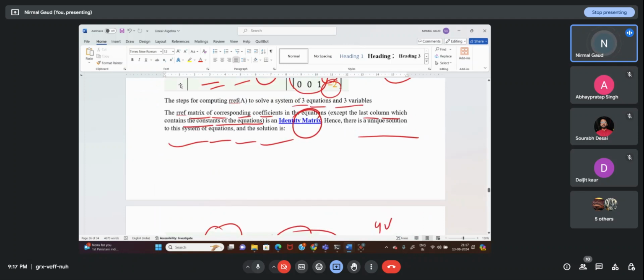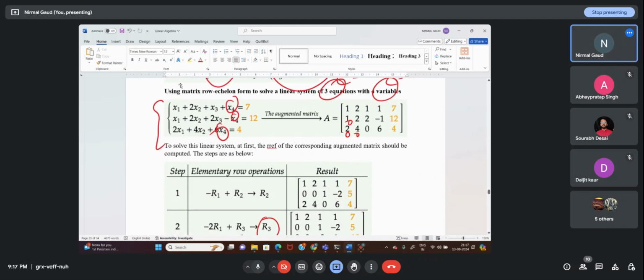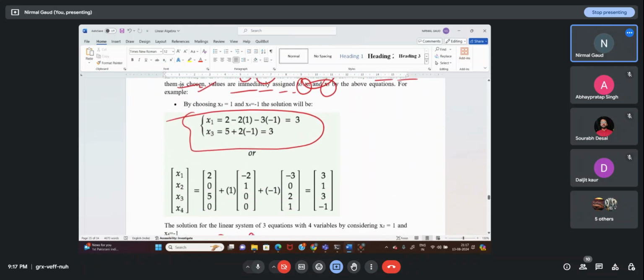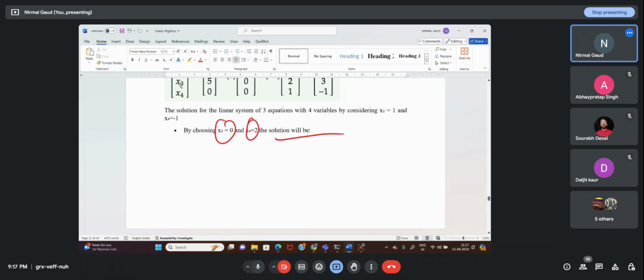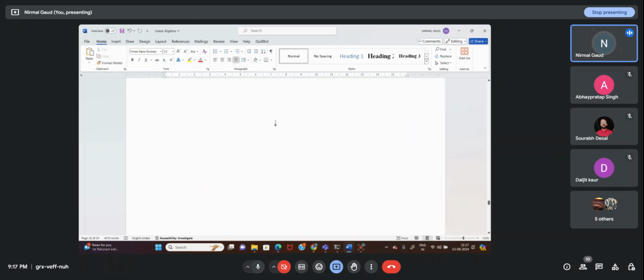Because you are getting a free variable, you are getting many solutions for it. Different choices of the free variable can give you different solutions. The same thing is happening here.